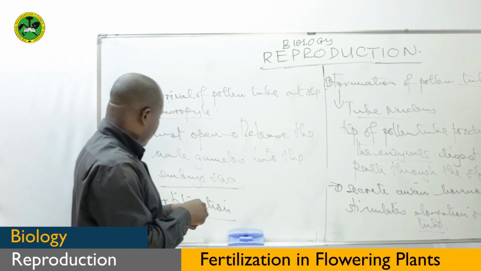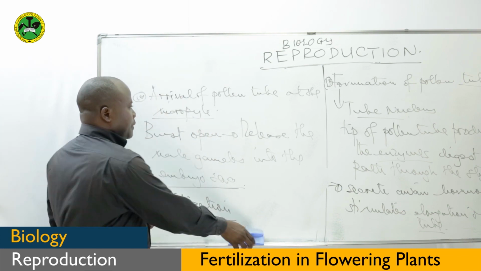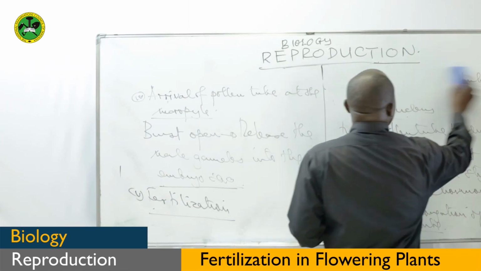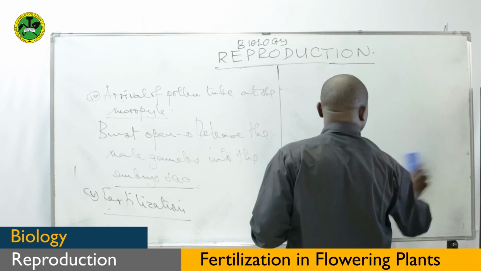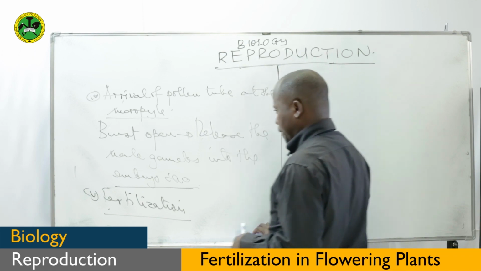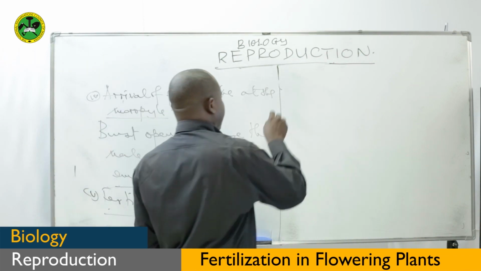This is where the concept of double fertilization comes in. The fertilization here involves fusion of male gametes and the female gamete. In flowering plants, there are two types of fertilization.